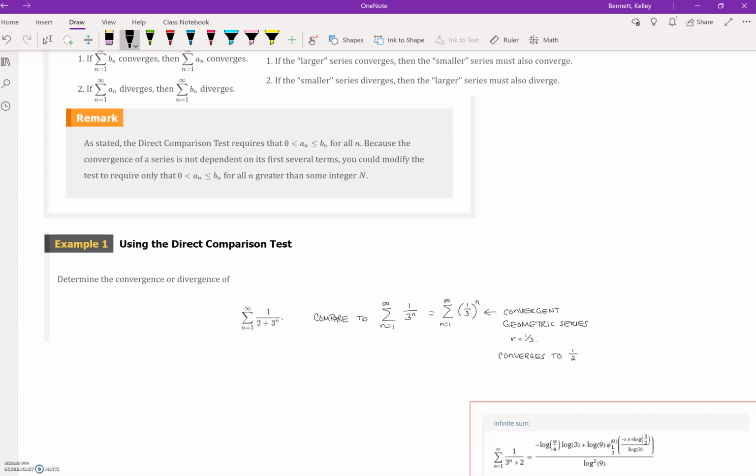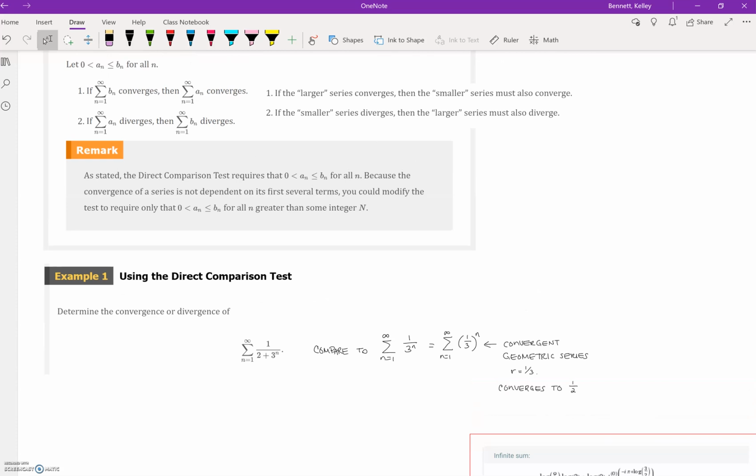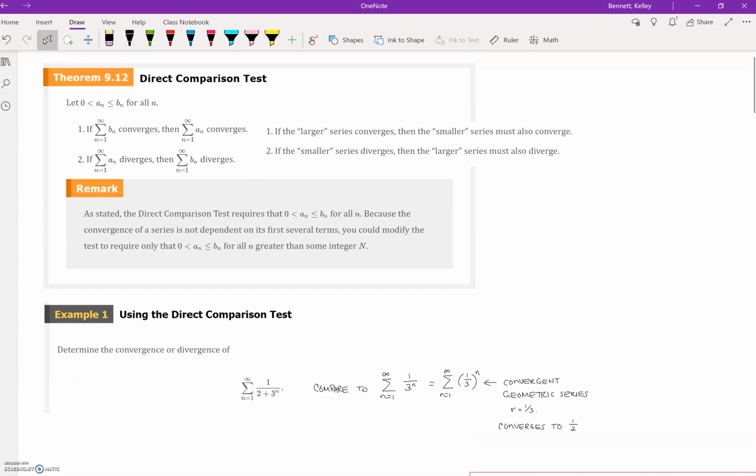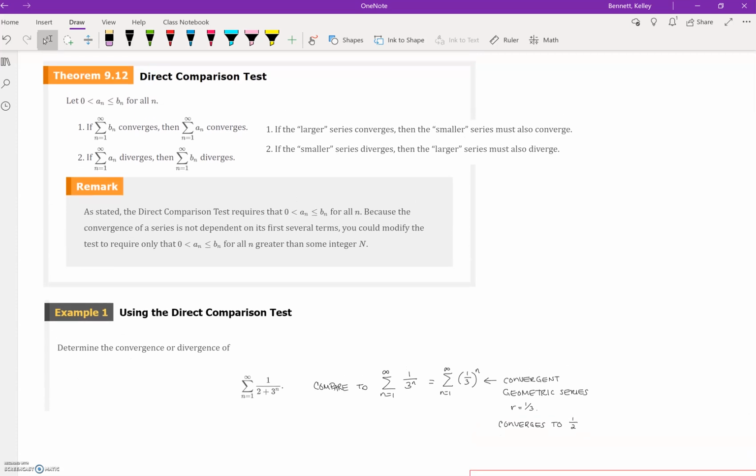So now think about this in terms of the theorem up top. We're going to compare it to a known convergent geometric series. So we want to make sure that the geometric series is the larger of the two, because if the larger of the two converges, then the smaller of the two must also converge.